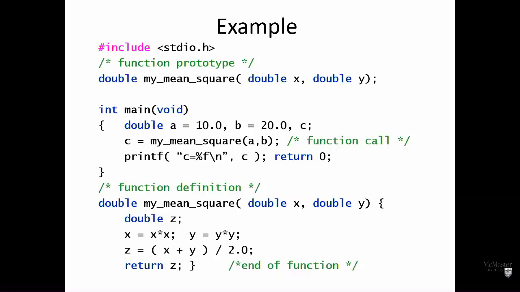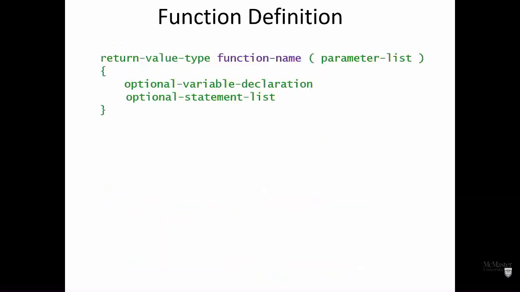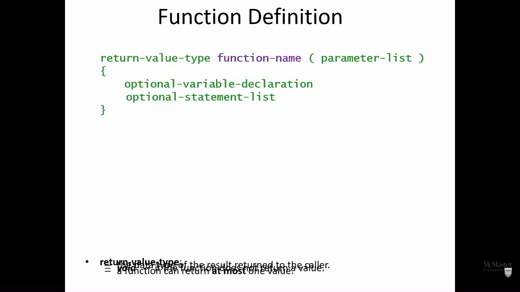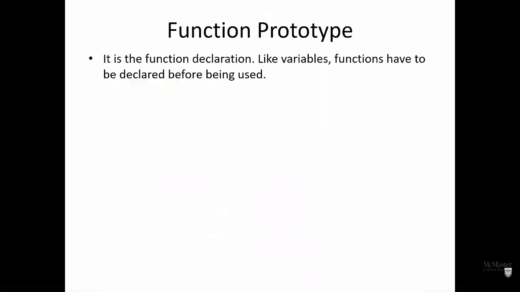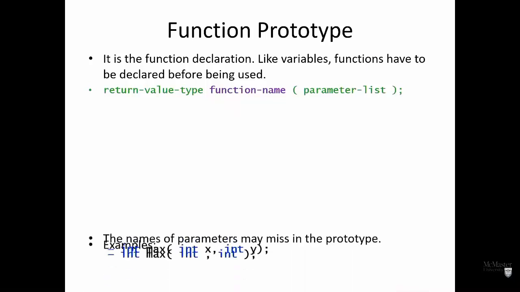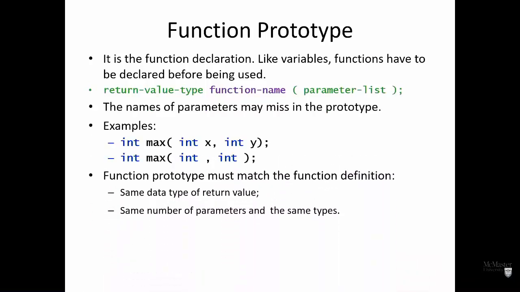Good? But aside from the main, you can have any type of return value. You can return a character, a double. As we will see later, you can even return a pointer to another function. Right? Good. Any other question? Okay. This is the prototype we discussed.